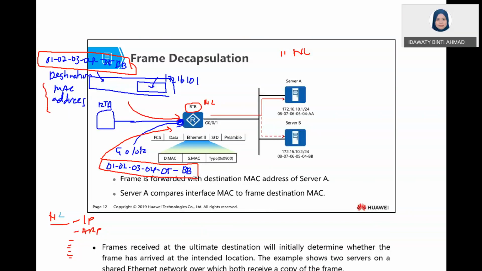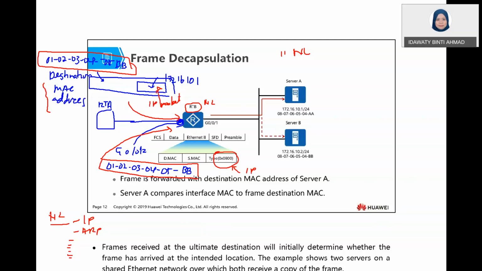If it is 0x800 here, it means that this one is an IP packet. The content of the frame inside is an IP packet, not ARP, not others.